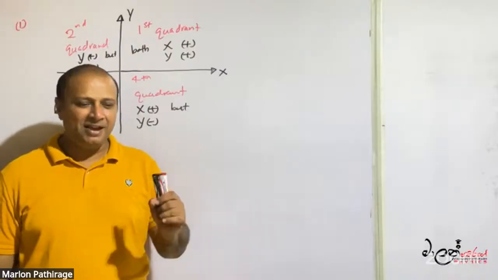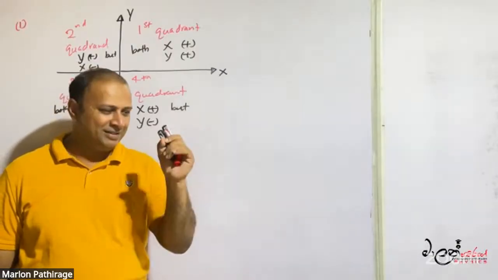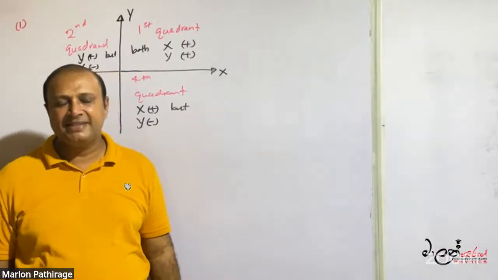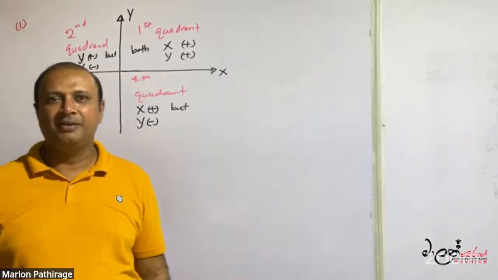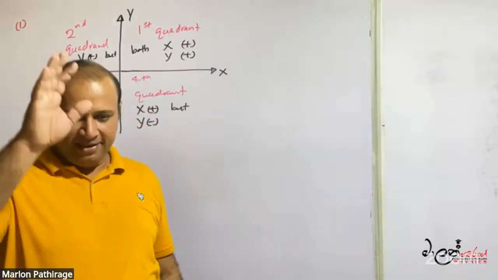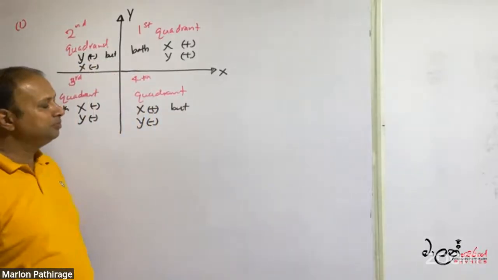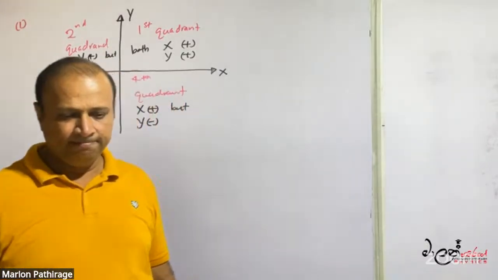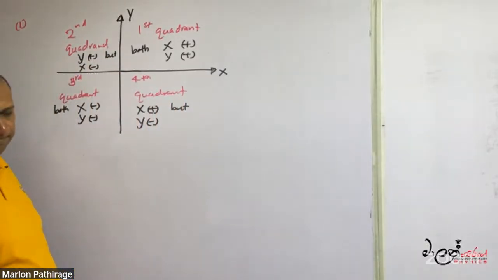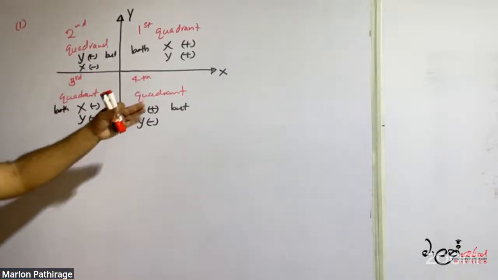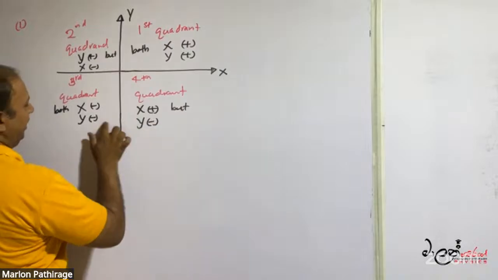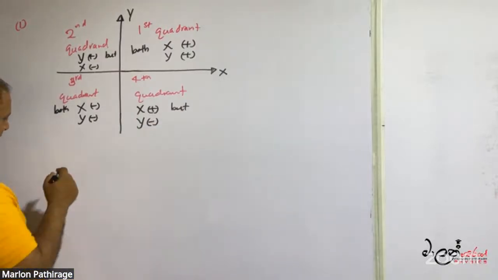And therefore, the location can be determined by the sign of the x and y coordinates. Is that clear? If you got that, please raise your hand. Okay, write this down.